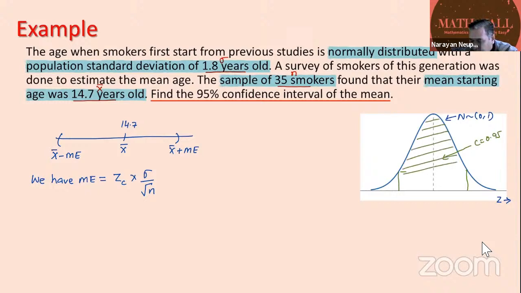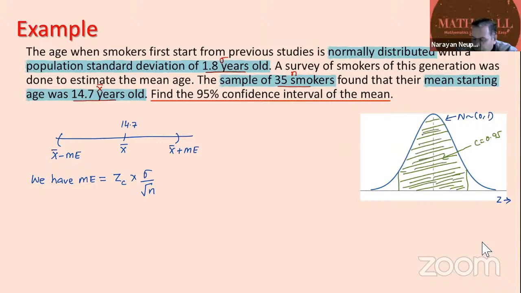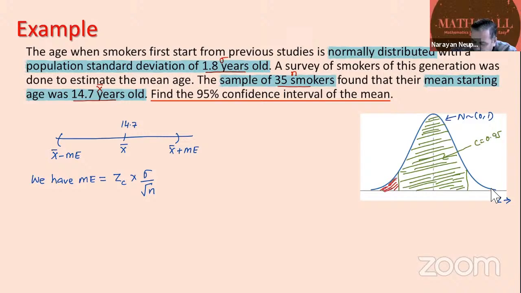So if the area in the middle is 95%, what is the remaining area? 5%. And what we are doing is dividing that 5% on 2 tails. So what is 5 divided by 2? 2.5%, or 0.025.